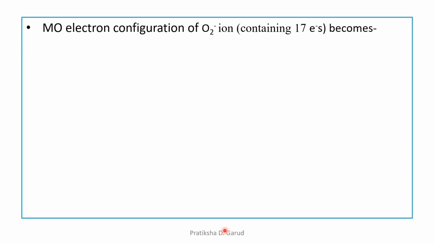Based upon this, let's see the next one, that is the MO electronic configuration. As one electron is added to the oxygen molecule, it has a total of 17 electrons. In case of the oxygen, it was 16.